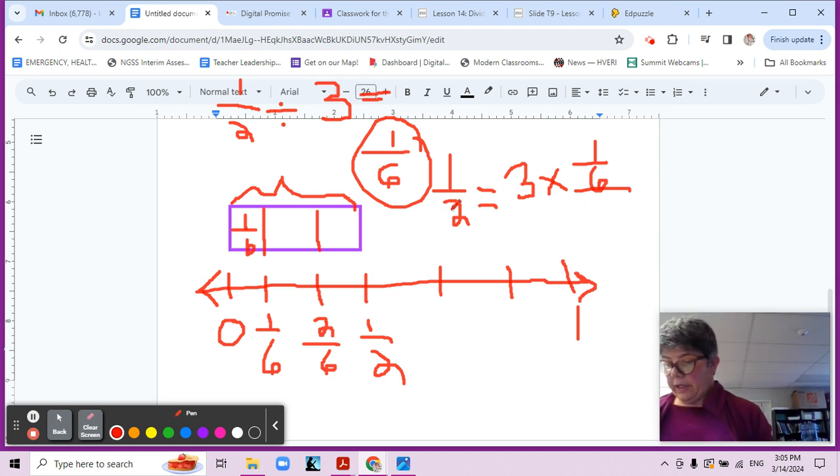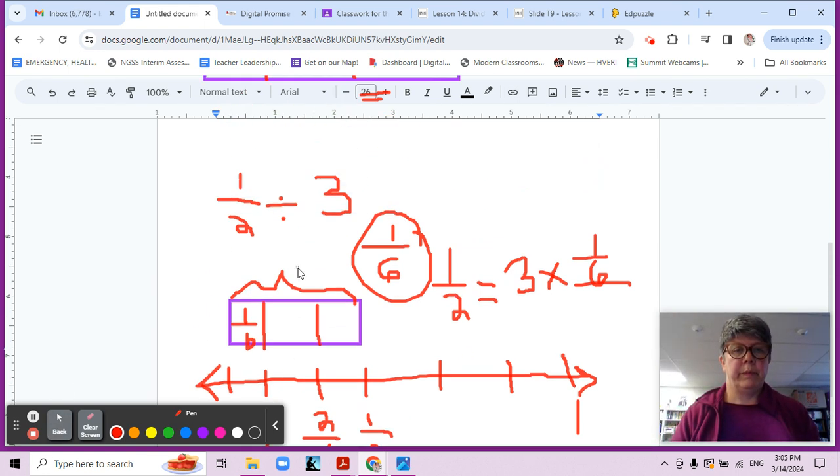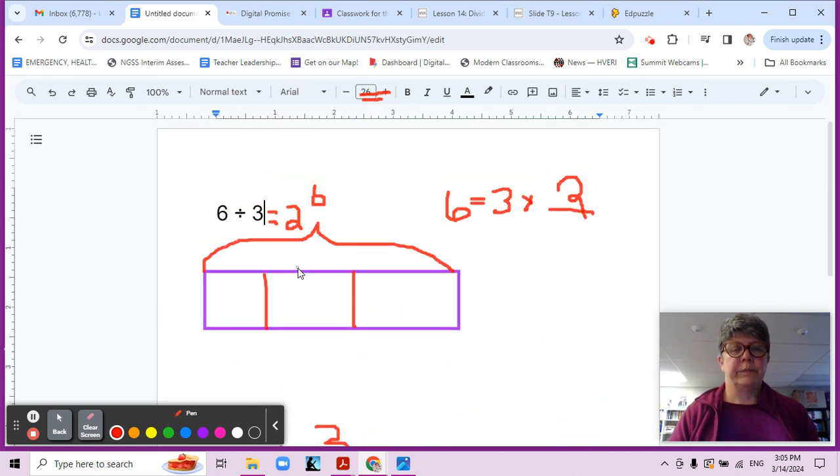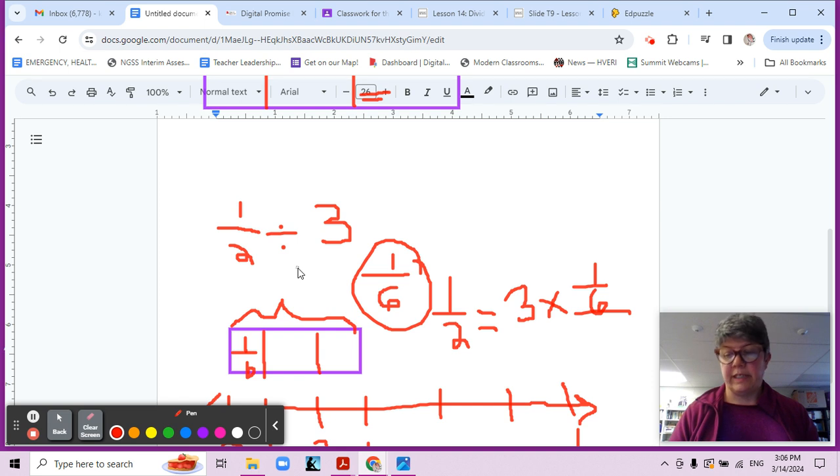When we divide, we can use the relationship between multiplication and division to better understand what the numbers mean and make sure the answer is reasonable. Okay, so let's look at number 2 in your book. Remembering the work that we did here, 6 divided by 3 is 2, so 1/2 divided by 3 is 1/6.